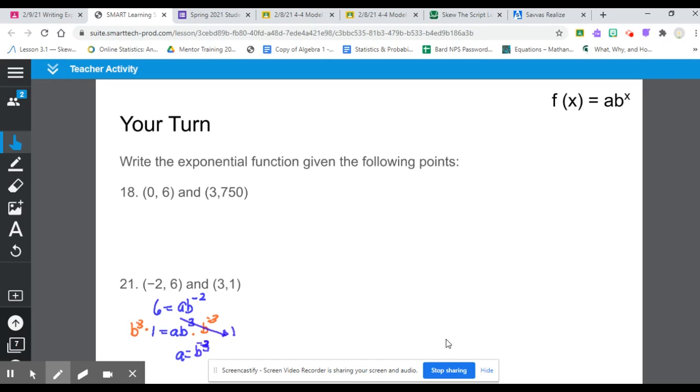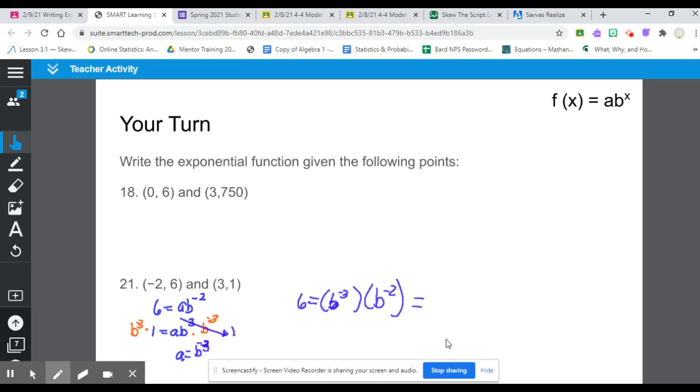So now that I know a in terms of b, I can substitute this into this equation right here. So I can rewrite the top equation as 6 is equal to b to the negative 3 times b to the negative 2. And this is where I messed up. I think I accidentally wrote positive 2 before, but I'm just going to correct it.